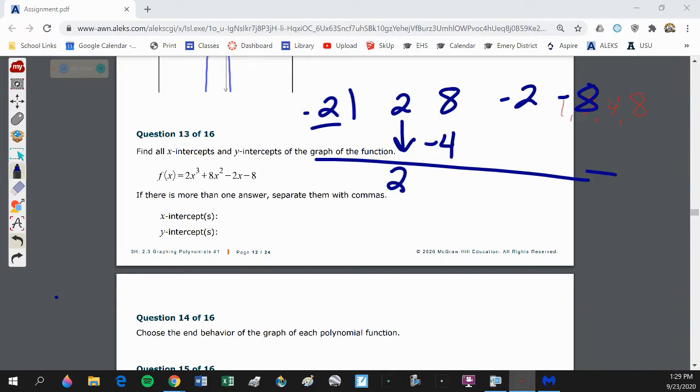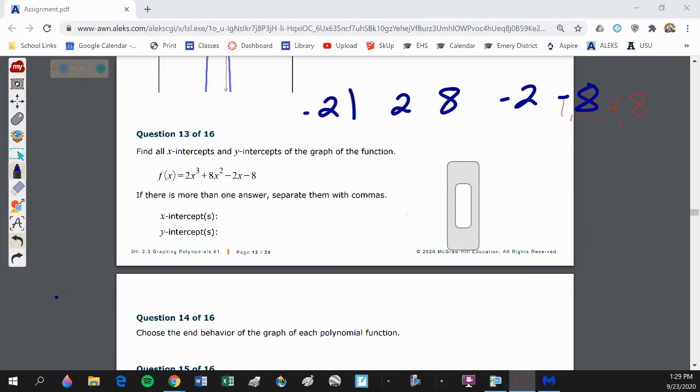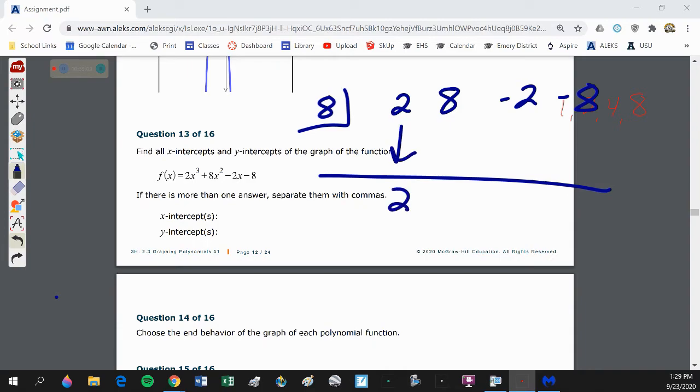Negative 4, 4, negative 8, negative 10, negative 20. That one didn't work. Positive 20. Doesn't work. Okay. Well, let's try 8. So 16. What do you think? Is that one going to work? No, definitely not.